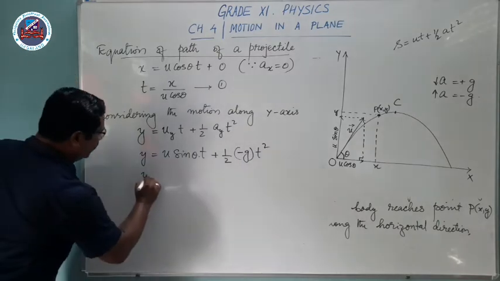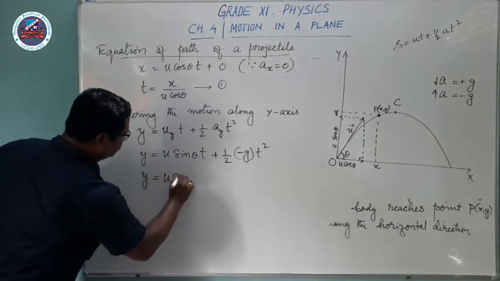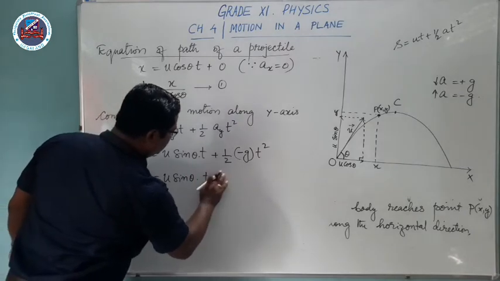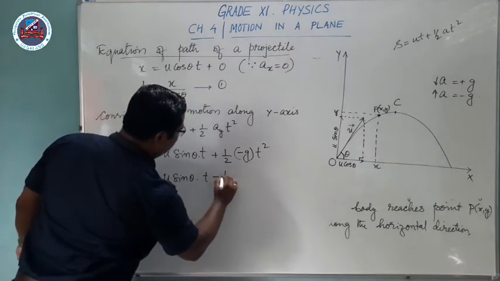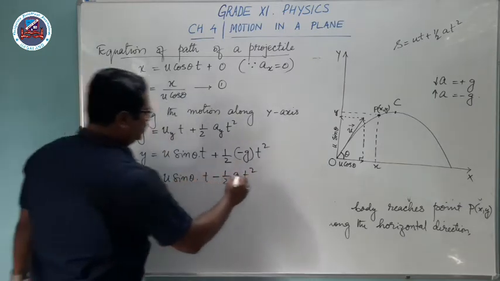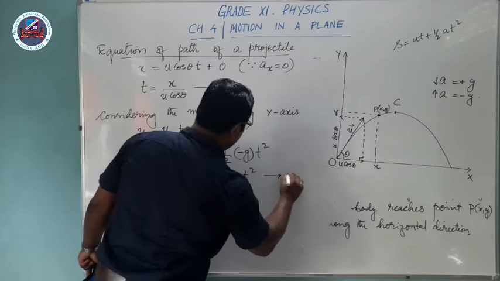Then it will become y is equal to u sin theta into t, plus to minus is minus half of g t square. Let us mark this as equation number 2.